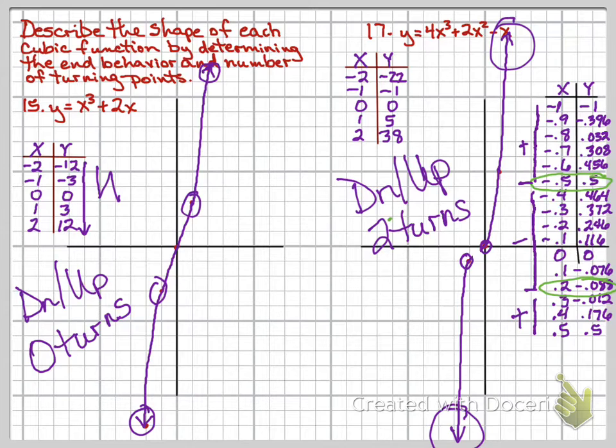This area right in here, actually to about right here, is kind of, let's see, we're going up to here, and then we're going back down to here, and then back up. So we actually have turns in there like that. Okay, so we have turns here and here. There we are.